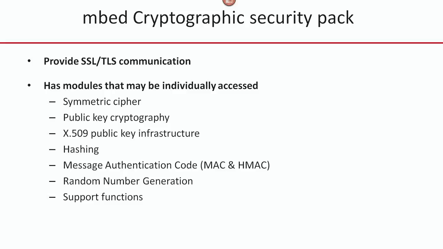We can also do hashing to provide data integrity, and an extension of hashing is message authentication codes, so that we can prove the integrity and also the origin of data. Underpinning many of these algorithms are random numbers, so again there's a certified random number generator included as well, and also a number of useful support functions that we may be interested in using in our own applications.